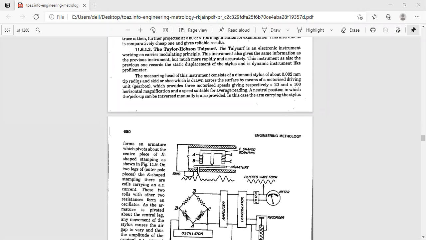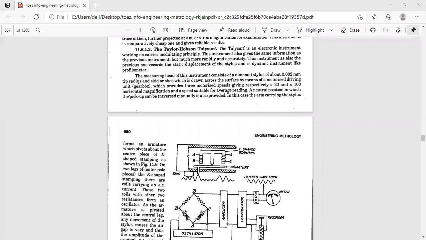So we can have 3 fixed motorized speeds, and we can go for the horizontal magnification. The magnifications we have are X20 and X100 horizontal magnification, and we can have a speed, like the speedometer in our automobile, for taking the average reading.